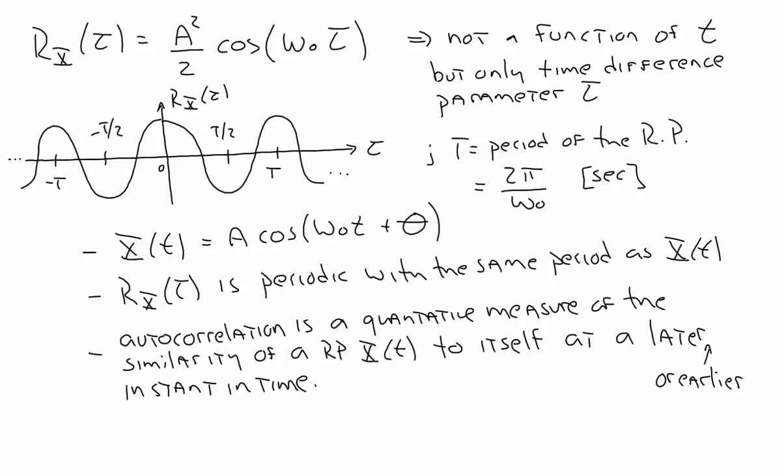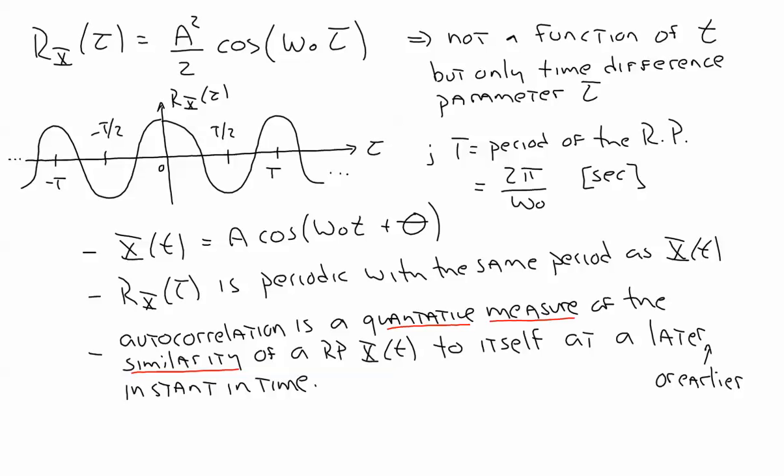All right. The point here is that autocorrelation is a quantitative measure. It's a number or a function. And it is a quantitative measure of the similarity of a random process to its shifted self, to itself at a later instant in time.